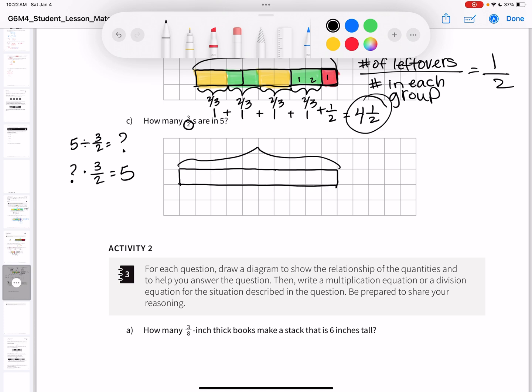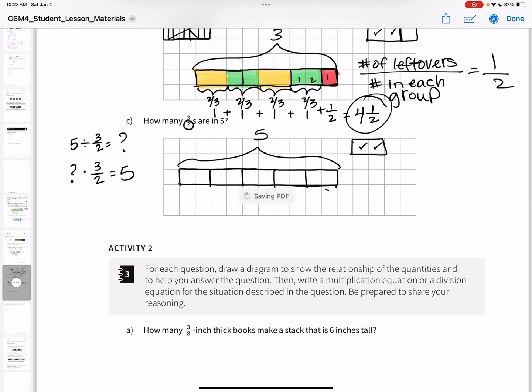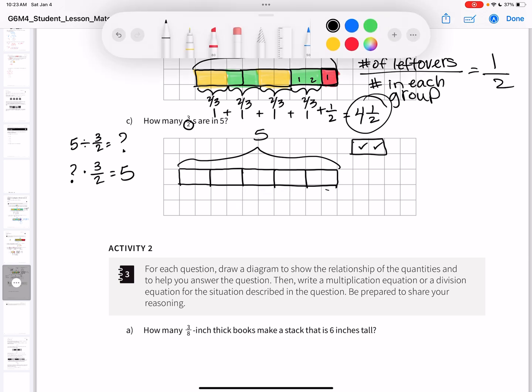Okay, so that is my 5 wholes. Now, if this is our whole, we actually have 3 of them in each group. So here we go, 1, 2, 3. That's because it's 1 1/2 of 1, right? Because that's what 3 halves is.